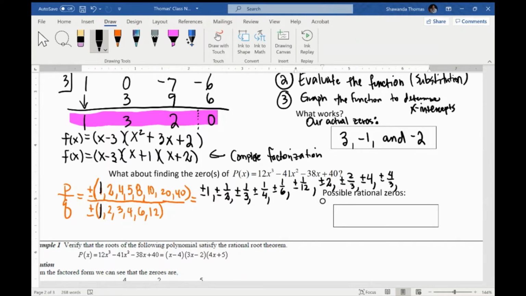Good. Now we're moving on to what number? 5. All right. 5 divided by 1 is 5.